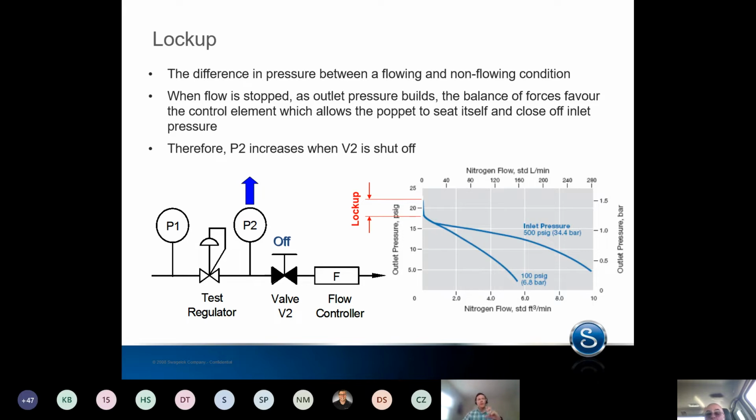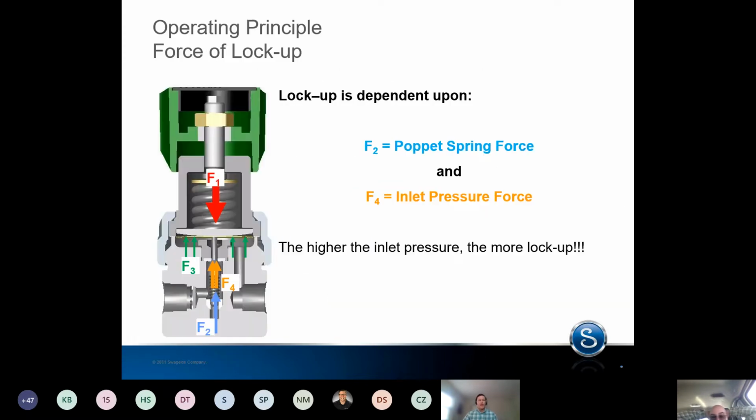And so lockup really operates both ways, right? I think folks generally think of it as when the regulator shuts, but there's also a drop when you begin flowing again. So the seat material choice does have an impact on the amount of lockup. Lockup is dependent on the poppet spring force, obviously, and the inlet pressure force, which is driven by the inlet pressure.